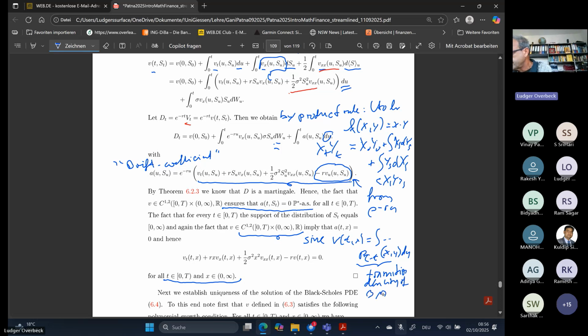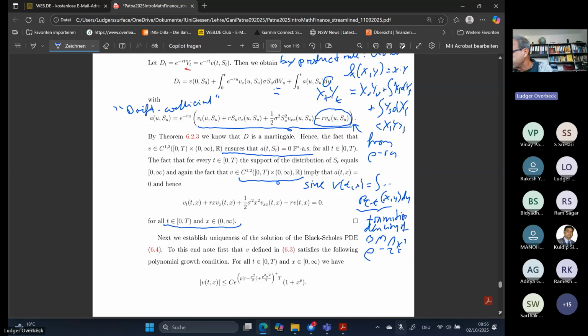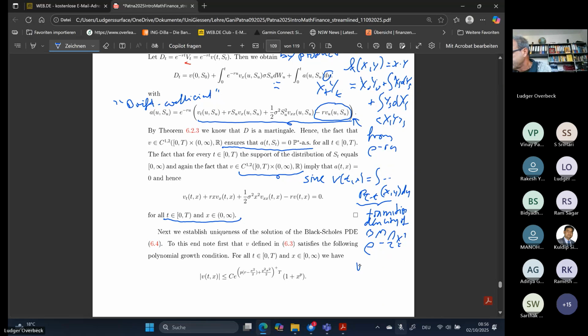And the transition density of Brownian motion is very smooth. We have something like x squared. So very smooth, so we can differentiate.